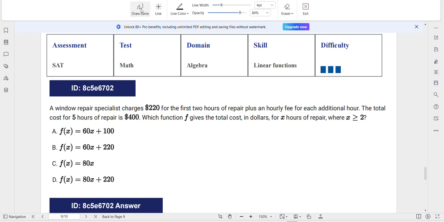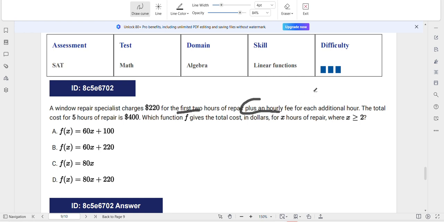We have to form an equation with the help of the given conditions that the question tells us. So let us build an equation. A window repair specialist charges $220 for the first 2 hours and adds an hourly fee for each additional hour. This part is very important.